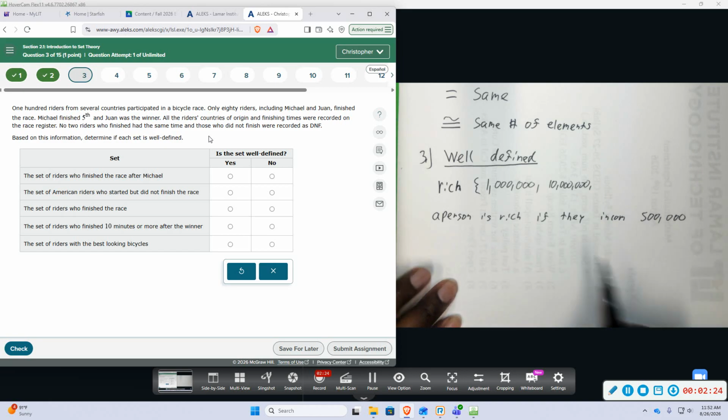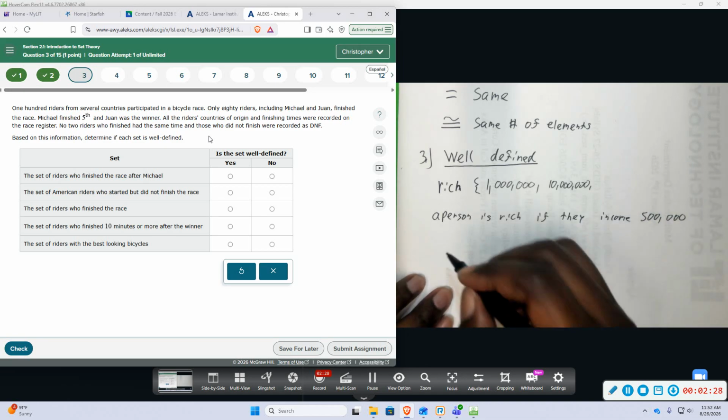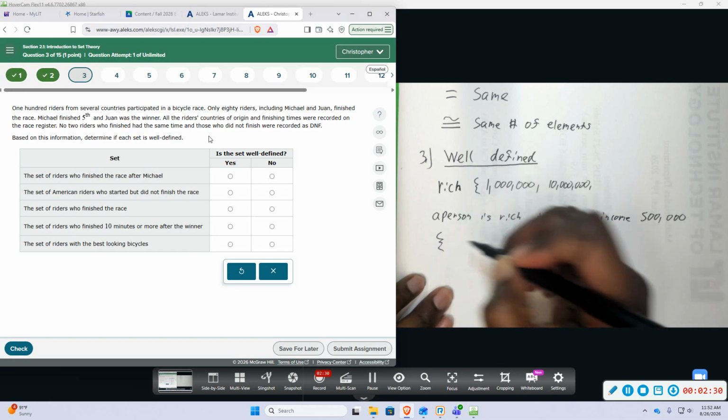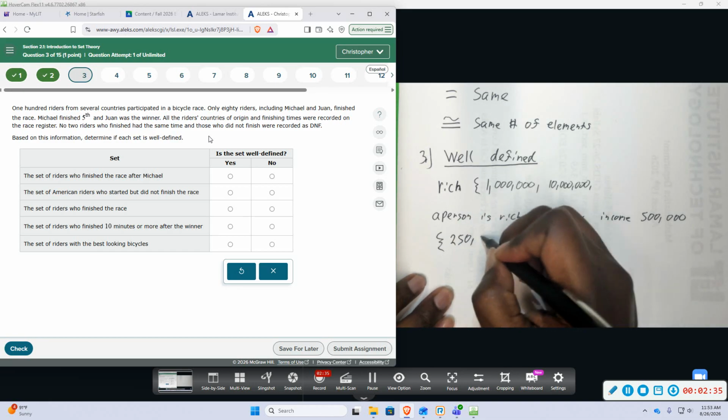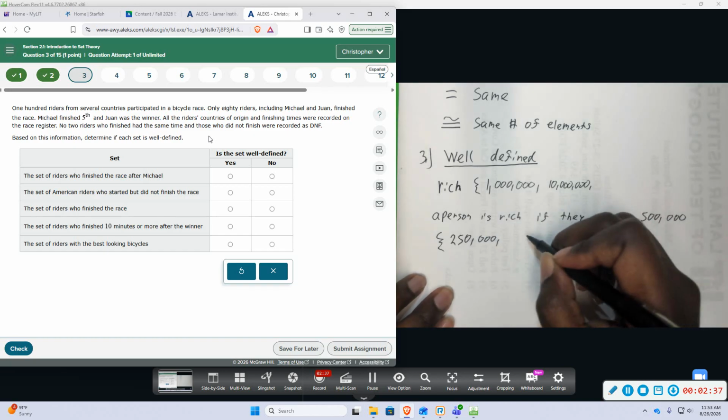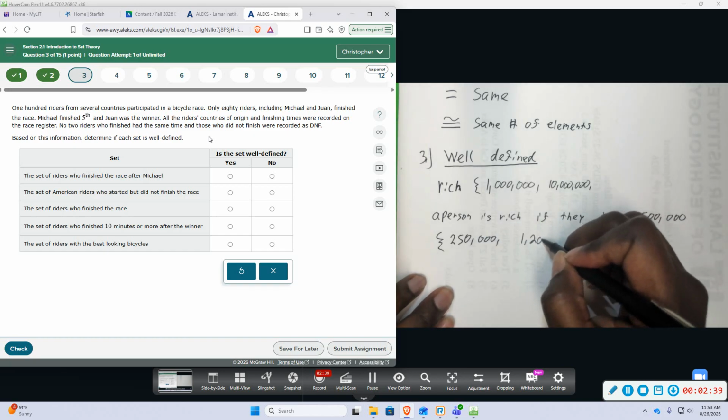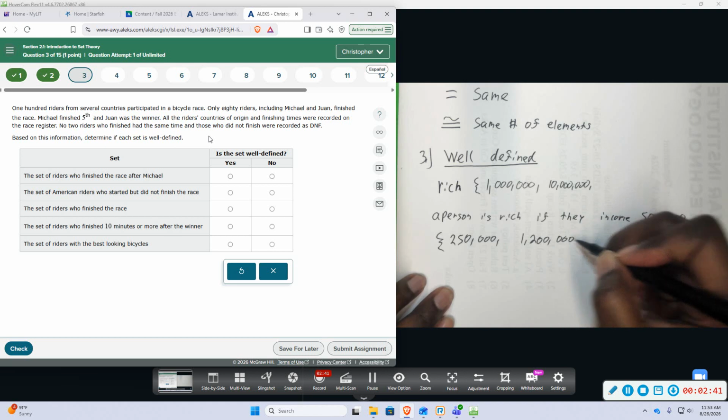All right. So a person is rich if they income more than 500,000. Now, I could make a list of incomes, and we can identify which one is rich and which one is not. I'll do that by underlining them.